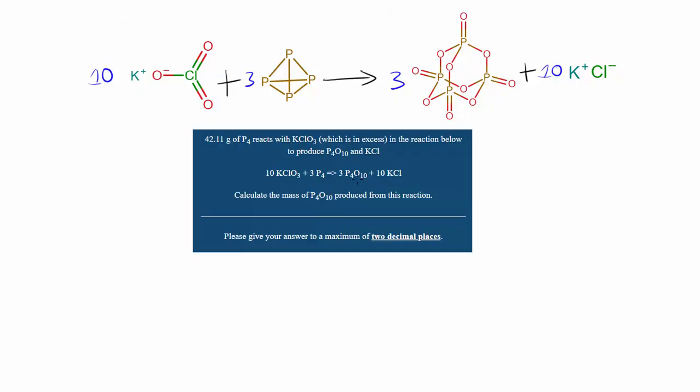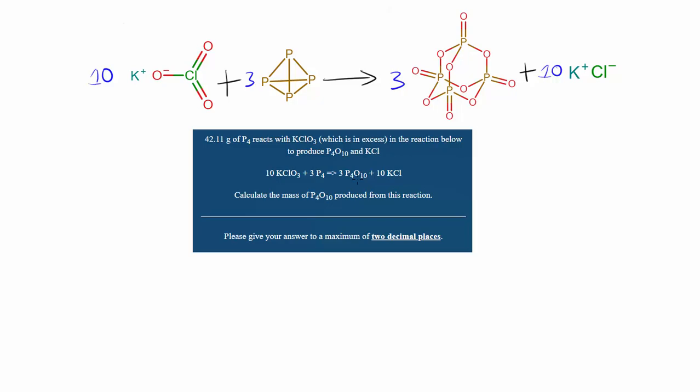Okay, so in approaching this, one of the things I'm going to consider is the fact that we've been told that KClO₃ is in excess. The implications of that, right?